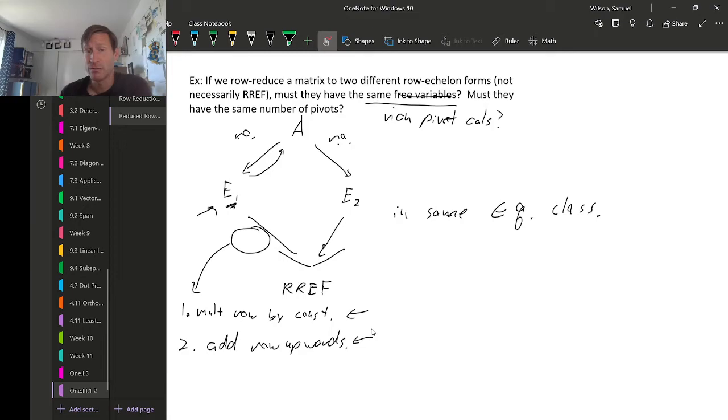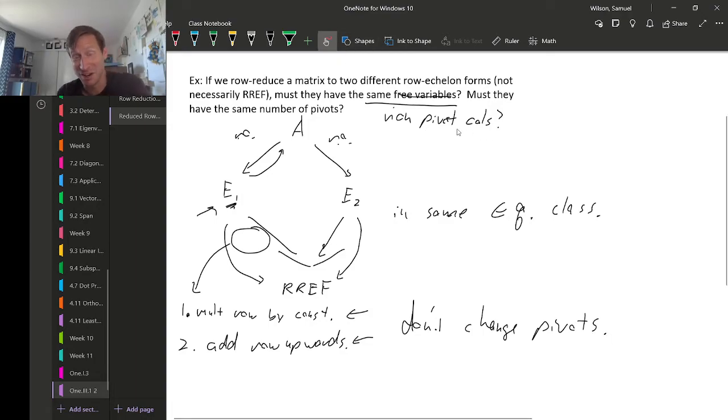And neither of these operations, multiplying by a constant or adding a row upwards, changes where the pivots are, right? So that means that going from E1 to the reduced row echelon form and going from E2 to the reduced row echelon form, these don't change the pivots. So they don't change the columns that aren't pivot columns either.